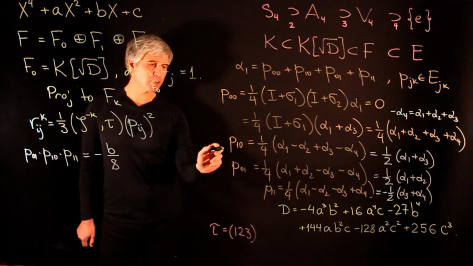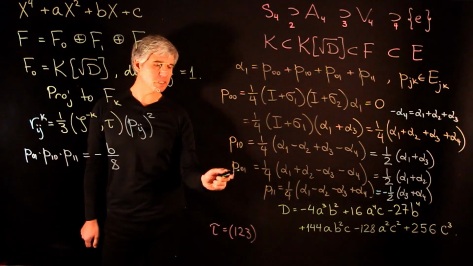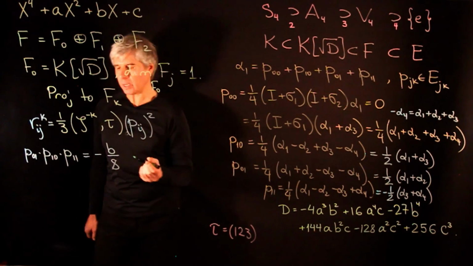It turns out that projections to the 0 component, F0, of P10, P01, and P11 squared are the same.